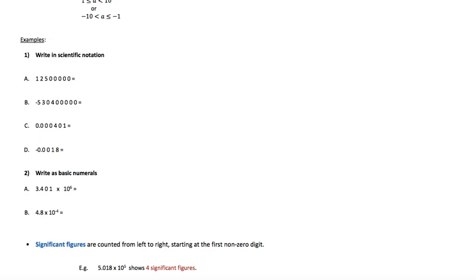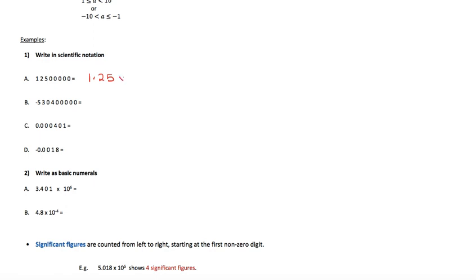So what we do is we look at this big number and we think of a way of representing this big number as a value between 1 inclusive and 10. So if I take the first three digits 1, 2, 5, if I write them as 1.25, that is in fact a number between 1 and 10.